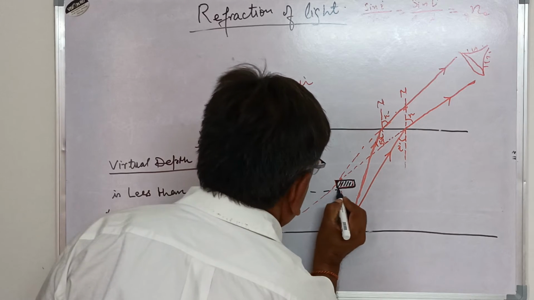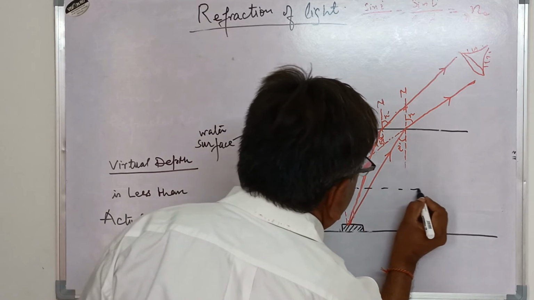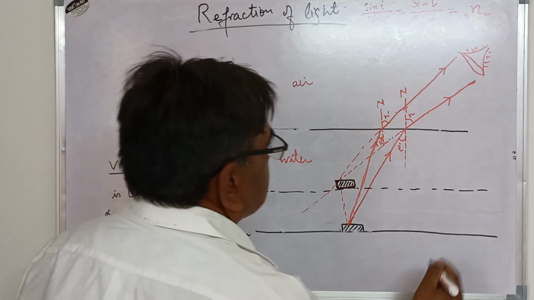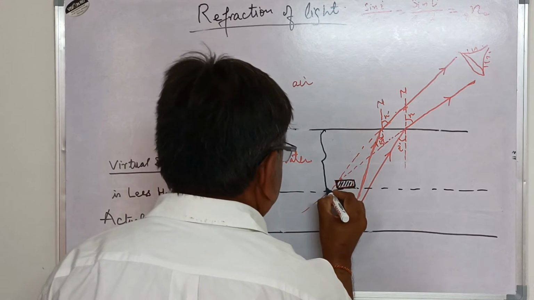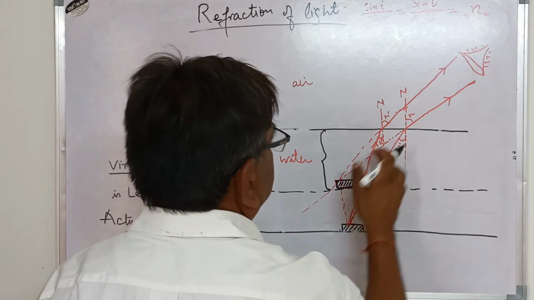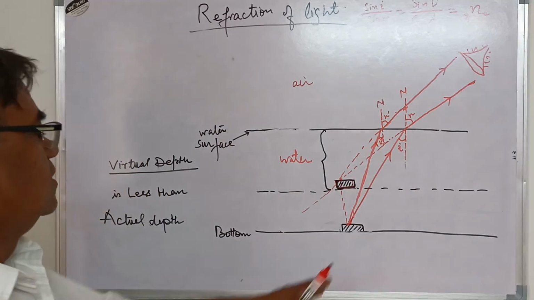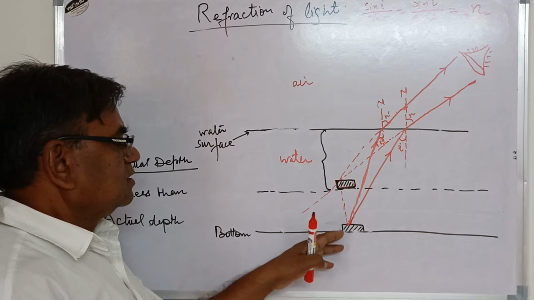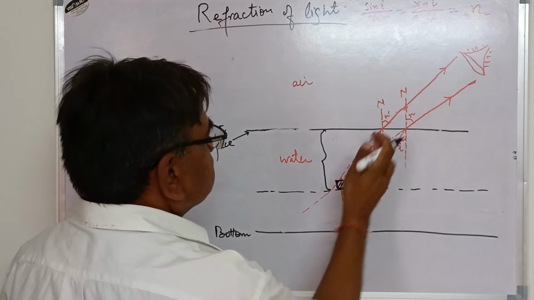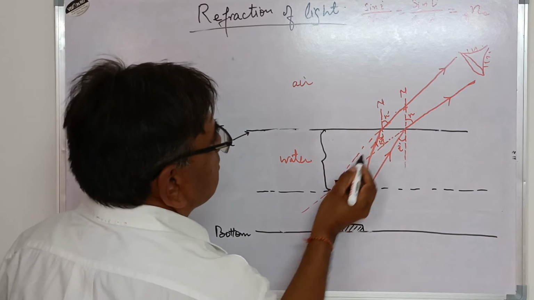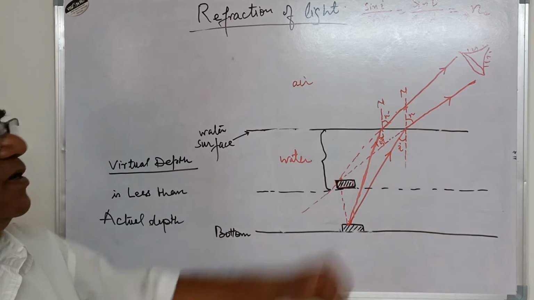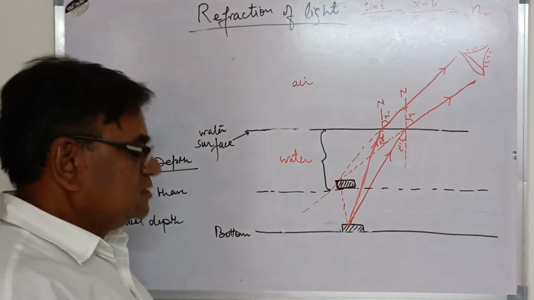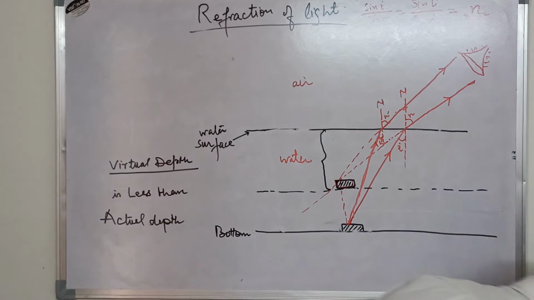This will be the virtual bottom, the virtual depth. So virtual depth will be this one that we visualize from our naked eye, because these rays starting from here seem to start from here. Why? Due to the effect of bending of rays. So this is one of the effects of refraction.